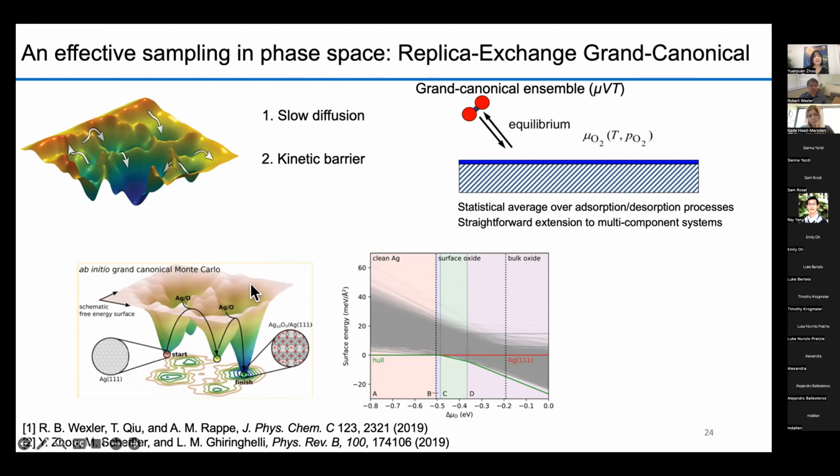For this method to determine the silver surface stabilities in the oxygen gas phase. On the one hand, they use this ab initio grand-canonical method to find the structures, or find the lowest energy isomers, then use the state-of-the-art ab initio atomic thermodynamics to determine the surface stabilities.